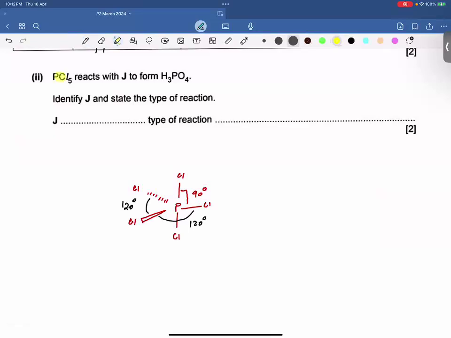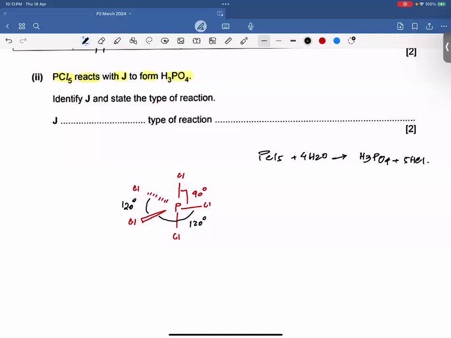Anyway, PCl5 reacts with J to form H3PO4. So PCl5, when reacted with water, will turn to phosphoric acid, H3PO4. Now balance the equation. 5 HCl, how many hydrogen atoms so far? 8.